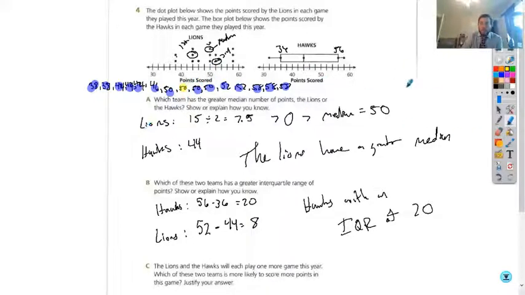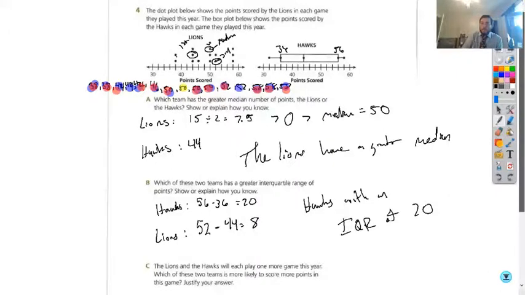And then if we wanted to find the first quartile, we would take our first half of data and find the median here. And we would see that it's here at 44. And then if we did the same with our second half of data, and we found the median, we would see that it's 52 here. And that's where we can find those numbers that we found down here.